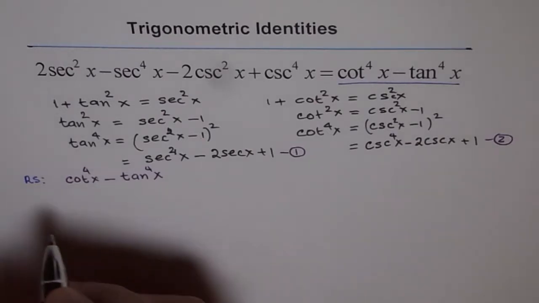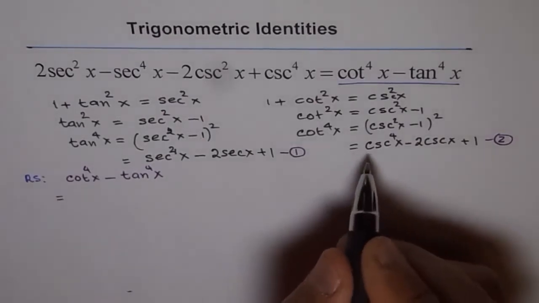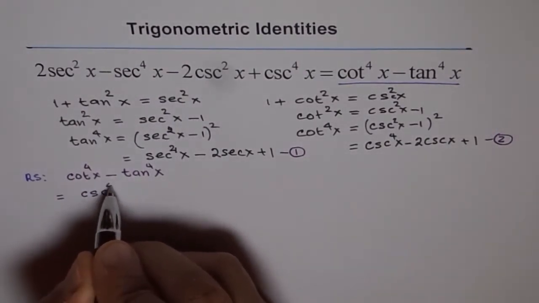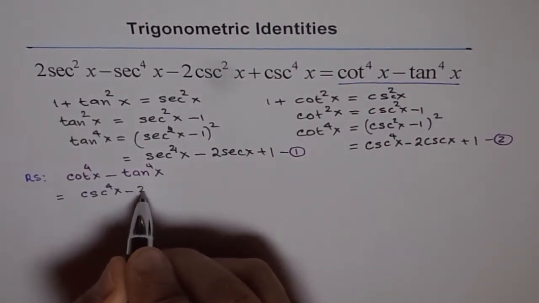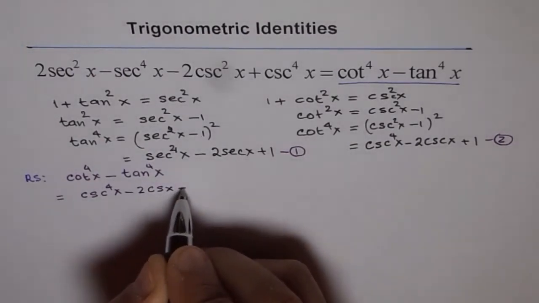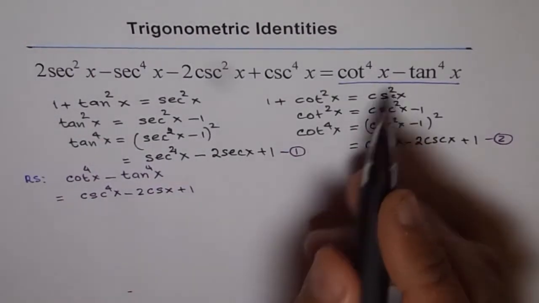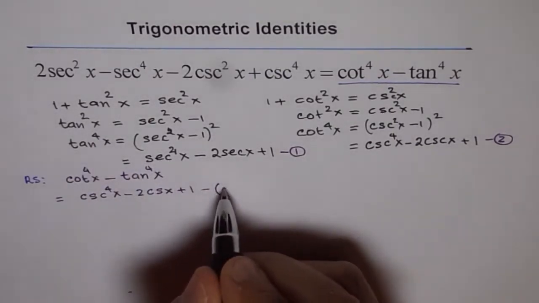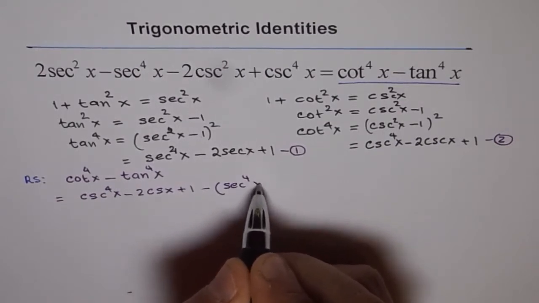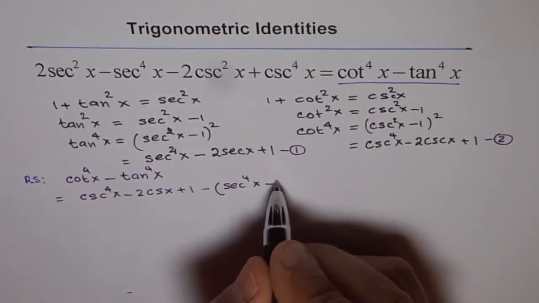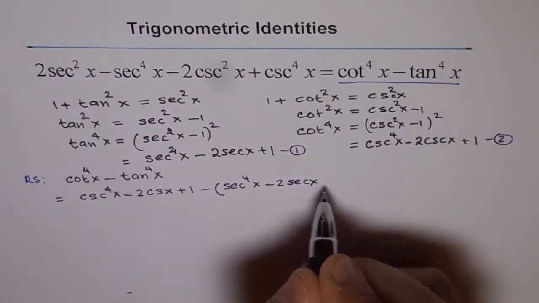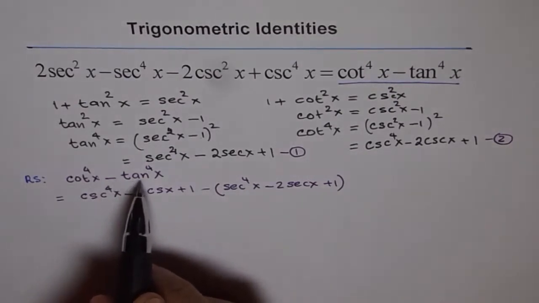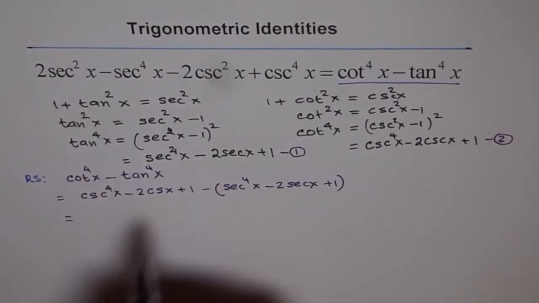So the right side now becomes equal to cot to the power of 4x, which I'm writing as cosecant to the power of 4x minus 2 cosecant square x plus 1, and minus, I'll put this in brackets, tan to the power of 4x, which is secant to the power of 4x minus 2 secant square x plus 1. So that is my cot to the power of 4x minus tan to the power of 4x. Now let's simplify this.